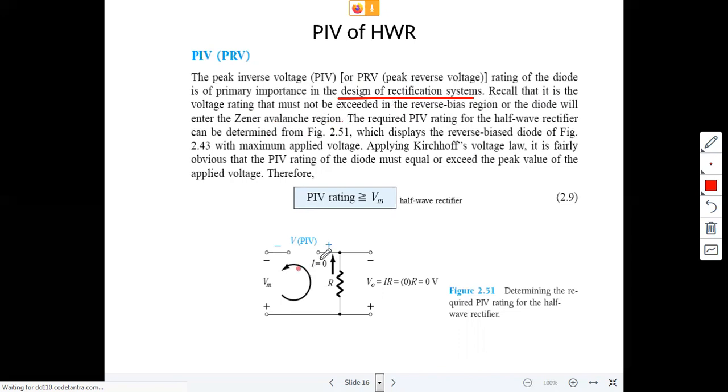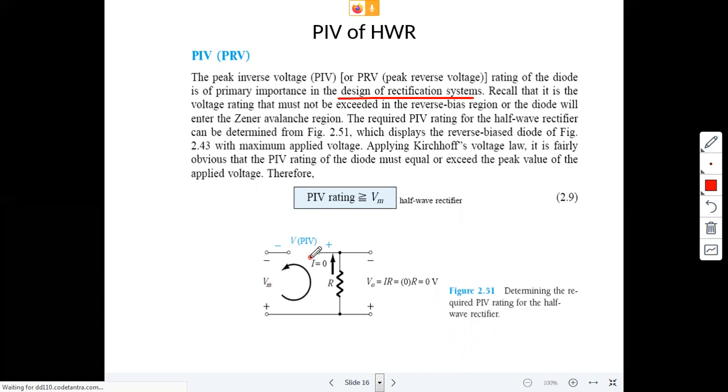Observe this simple half-wave rectifier circuit. When the diode is in open circuit, how much voltage is across this diode? This voltage must never cross the breakdown voltage of the diode. You must apply the input signal in such a way that it cannot push the diode into the breakdown region.